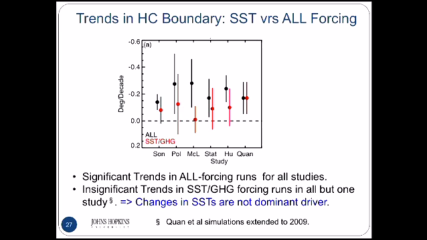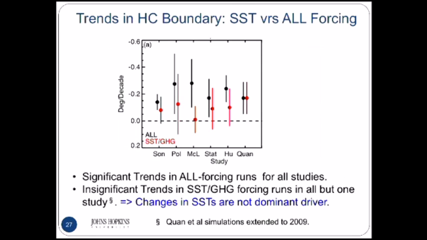So the conclusion I would draw is that yes, SSTs are playing a role, but in most of these studies it's not the dominant role. It's not that it doesn't play any role, but for most of them you can't distinguish it statistically. Okay.